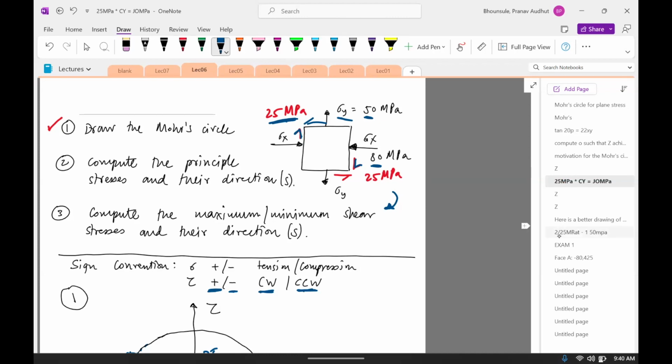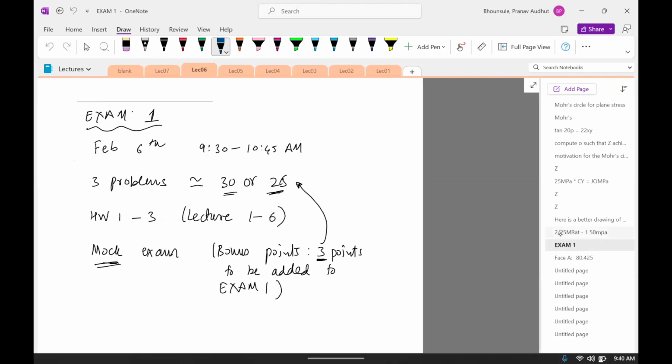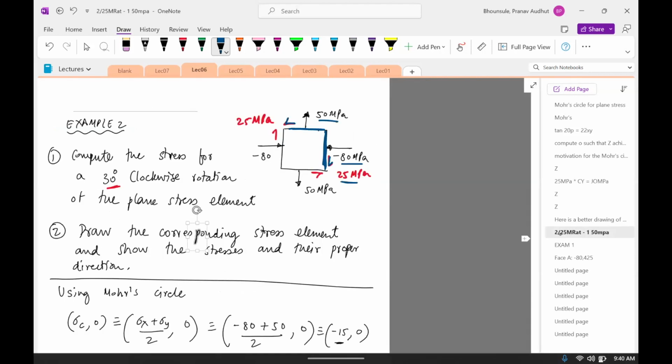Clockwise positive. Let me write that down. CW, CCW. So CW is positive, CCW is negative. Okay, so on face A, we have clockwise, that's positive. And then on face B, we have counterclockwise. We'll turn the element this way. So it's negative. So negative 80 plus 25 and plus 50 minus 25.